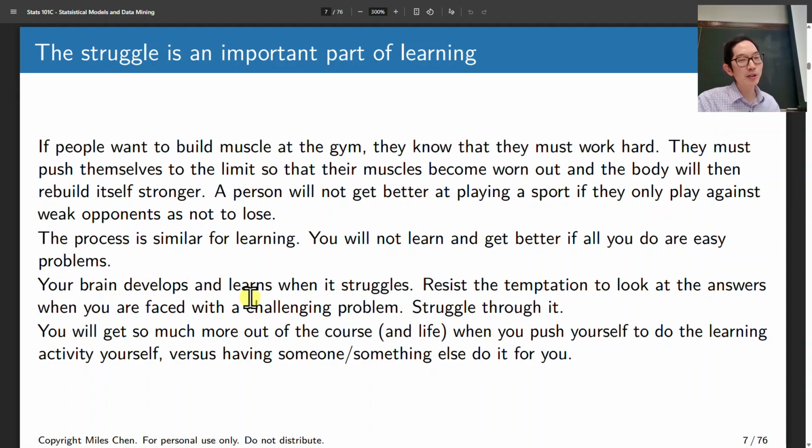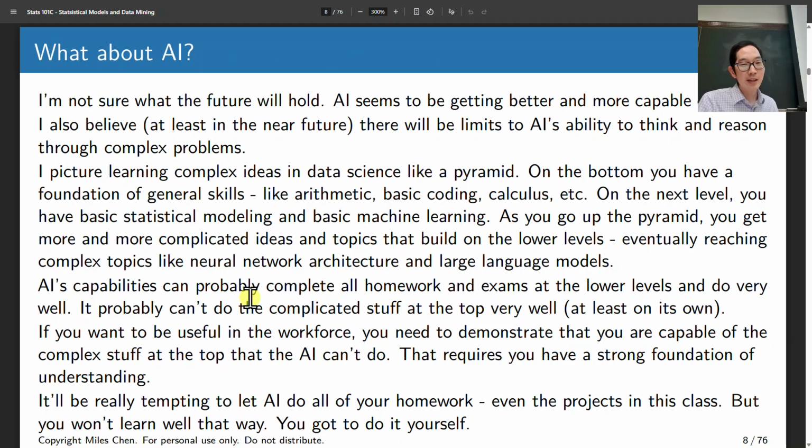Resist that temptation to look up answers when you're faced with a challenge. You struggle through it, just like struggling through it at the gym. And you'll get so much more out of this course and also life in general when you push yourself to do the learning activity yourself rather than having someone or something like the AI do it for you, okay?